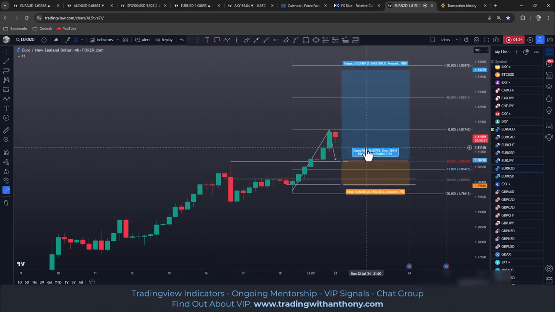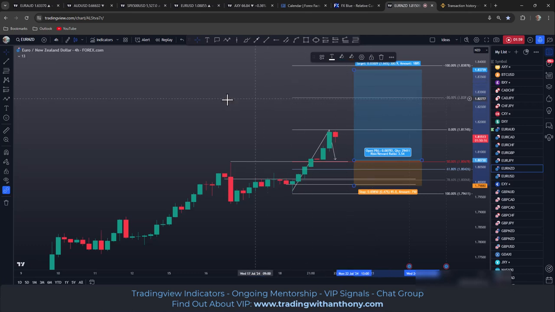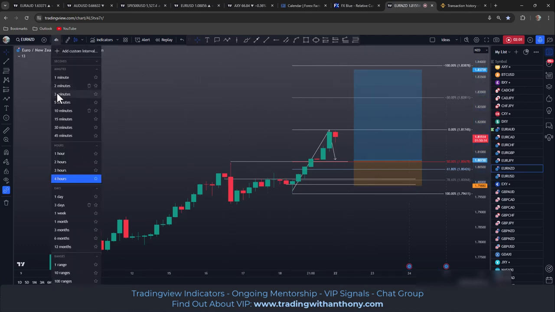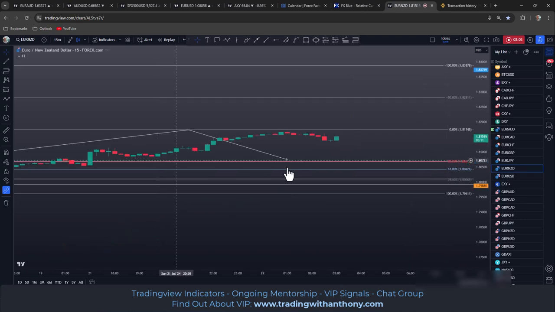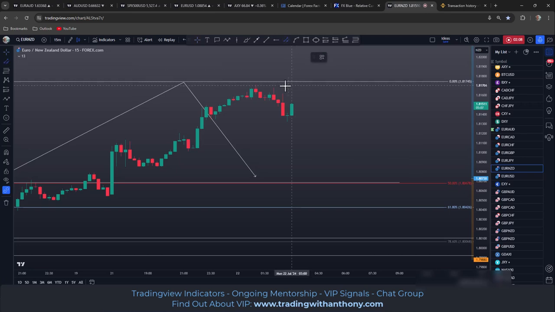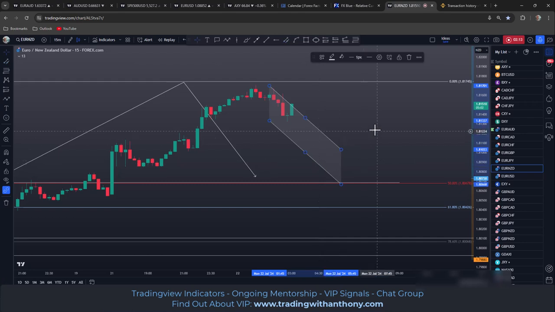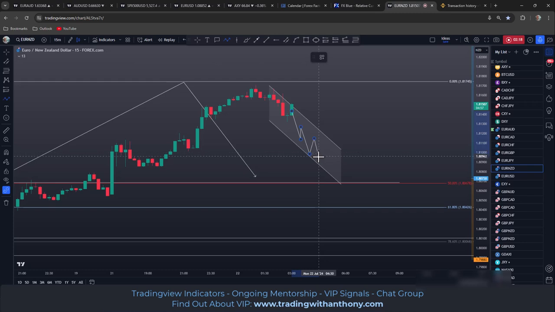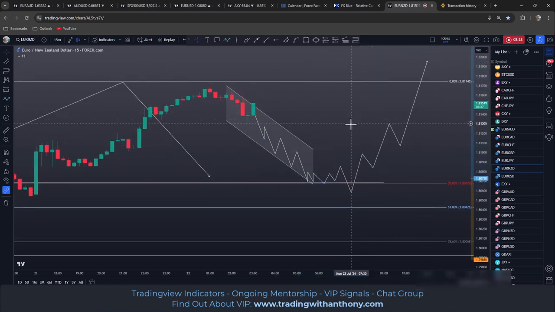Alright, so that's speculation. Now you can watch this into the London Open or into the New York Open tonight and go down to a lower time frame and look for something like this. Okay, so see how this is leaning over now. Right, you want to see price action trading down, and then around our point of interest, maybe it ranges, and then we get something like that, right?